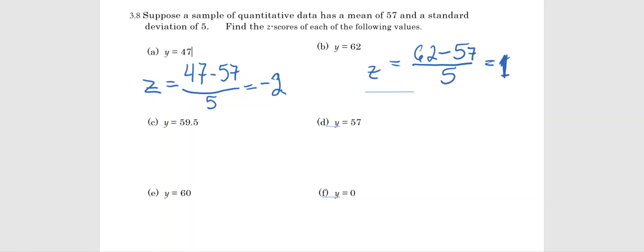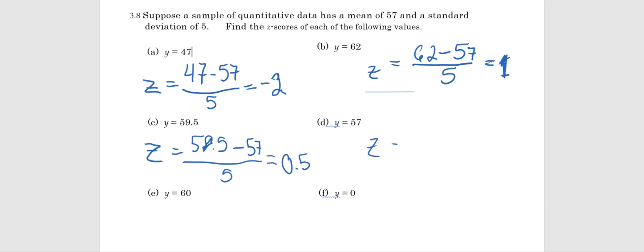So it's like a ruler with positioning and everything. So let's do 59.5. Minus 57 divided by 5, that's going to be 2.5 over 5, which is a half, or 0.5 for those of you who don't like fractions.